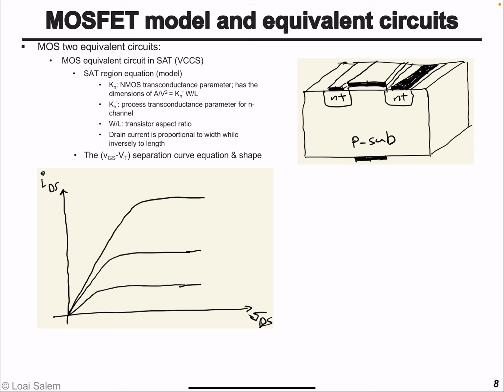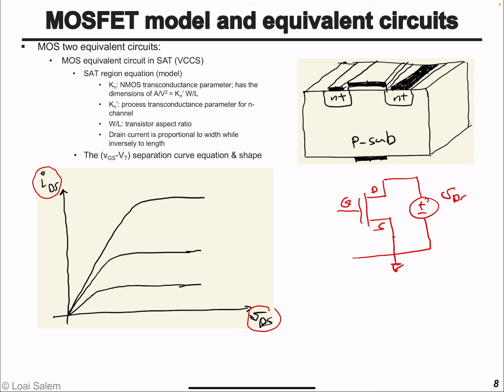Right, as I mentioned, the drain to source current versus VDS looks as shown here, and it increases with VGS value. So this is the NMOS transistor, with gate, drain, and source. This is VDS, and this is VGS.